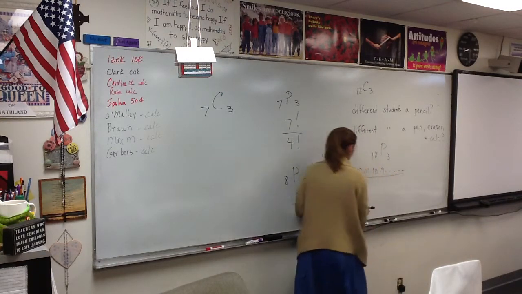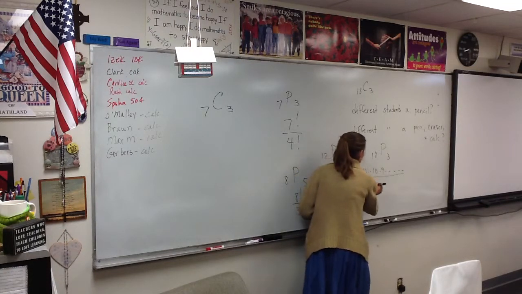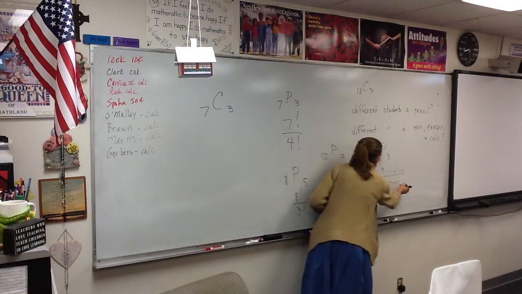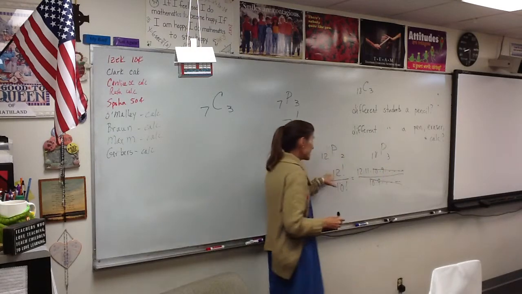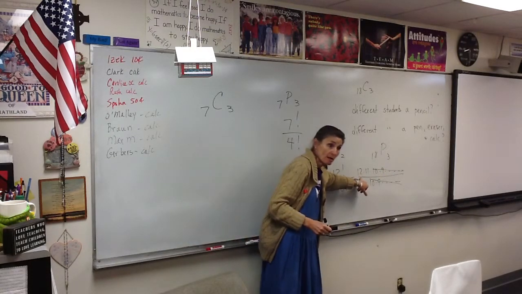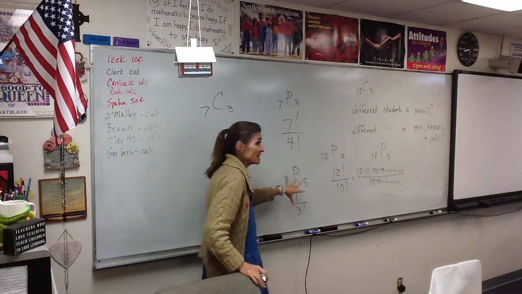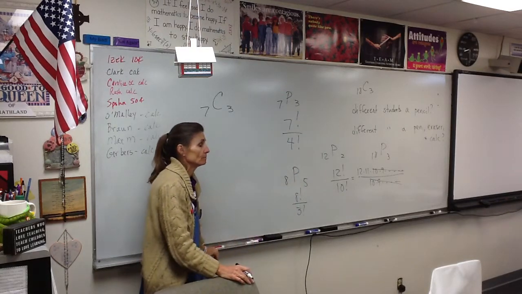And 10 factorial means 10, 9, and so on. Well, what's going to happen? All that's going to cancel, so the answer to this would just be 12 times 11. So these can all be simplified that way if you need to.